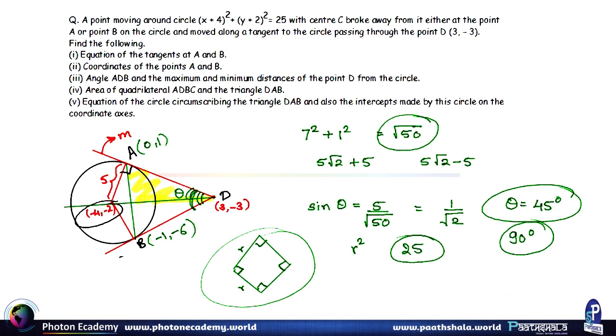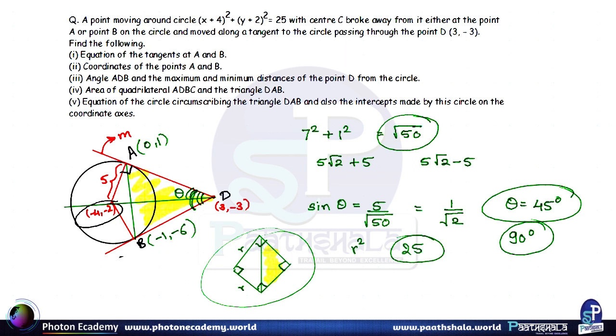Okay, so they have asked area of this triangle. So again, if we look at this figure, it is simply we are dividing the square into two equal parts. So area of ADB will be 25 upon 2, so that is 12.5.